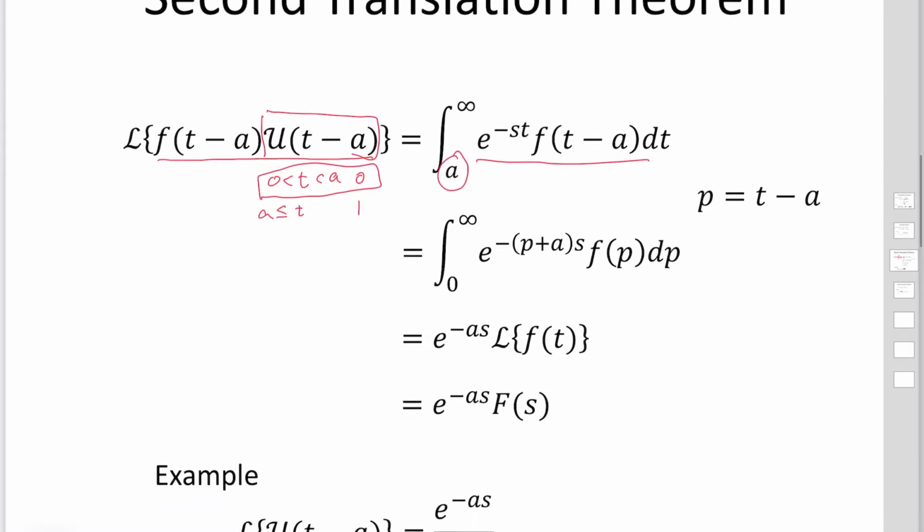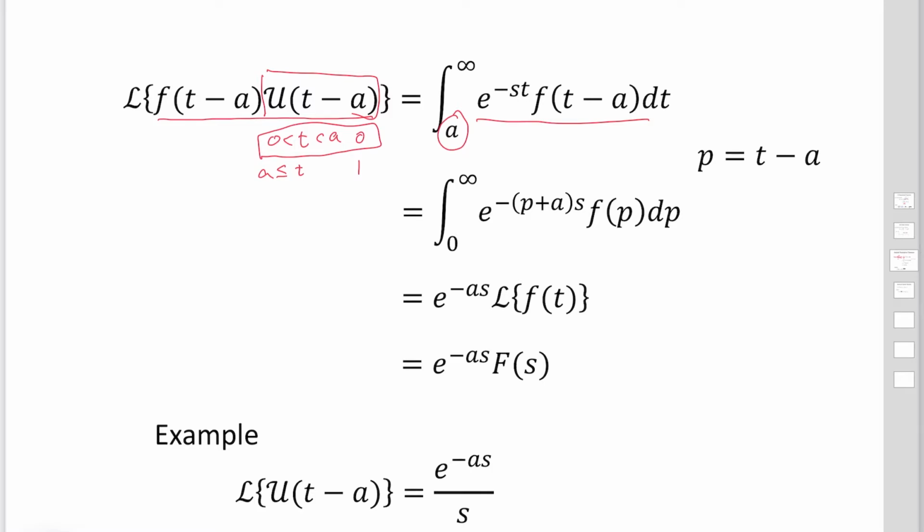Once we have this expression, we change the variable from t to p by introducing a new variable p, defined to be t minus a. So t equals p plus a, and dt is equal to dp. The upper limit doesn't change from infinity, but the lower limit changes from a to 0.